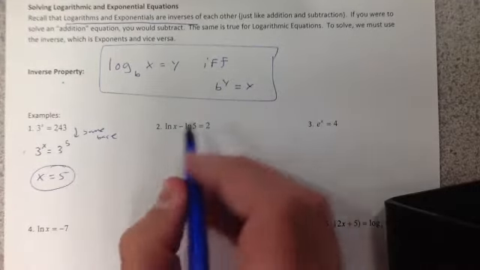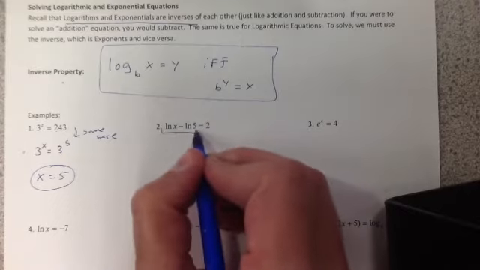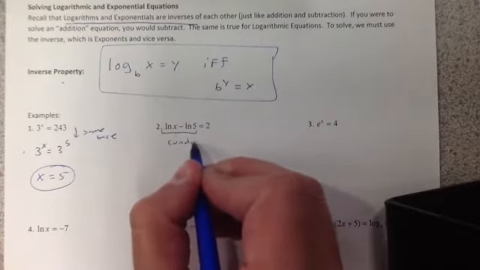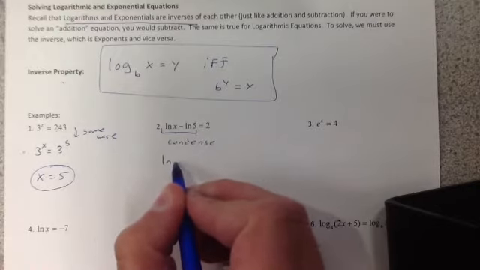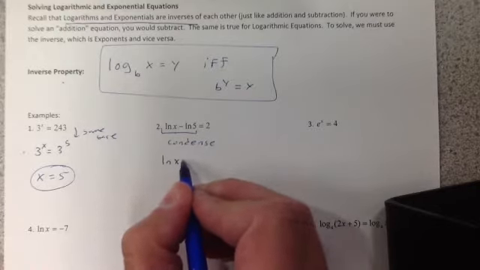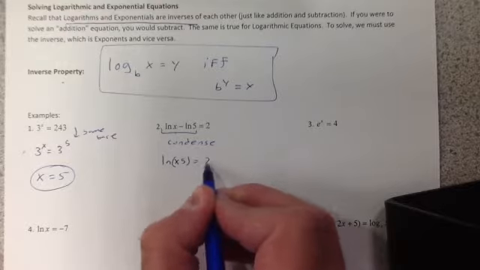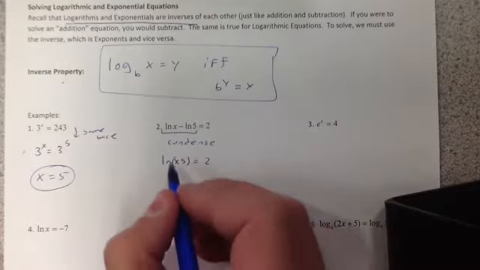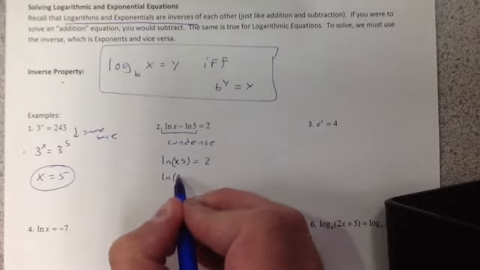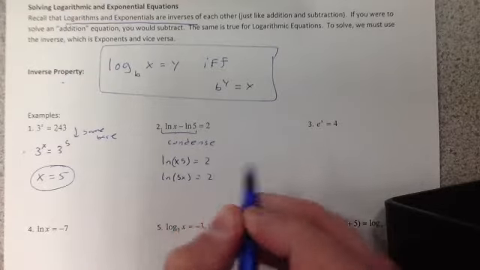For number 2, now we're going to solve this one, but before we can do it, we must condense first. And that becomes the natural log of x times 5 equals 2. And then to solve this, I'm going to use my inverse. I'm going to rewrite this as 5x, because that looks more natural to me.